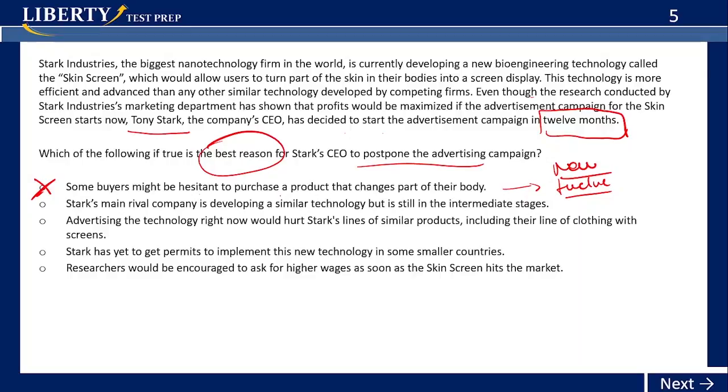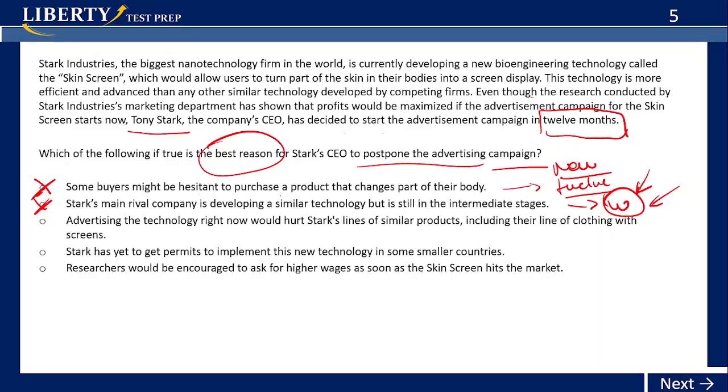So in this case, I think this one's a weakener. That one is saying, basically, this is suggesting that the postponement of the campaign is wrong, right? Because there are incentives for the company, for Stark Industries, to release the product to the market right now. So that's not the answer. That's the opposite of what we want.